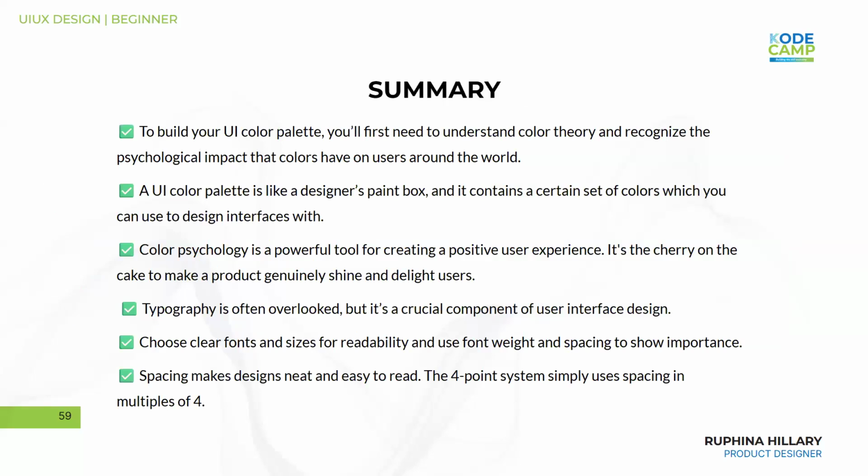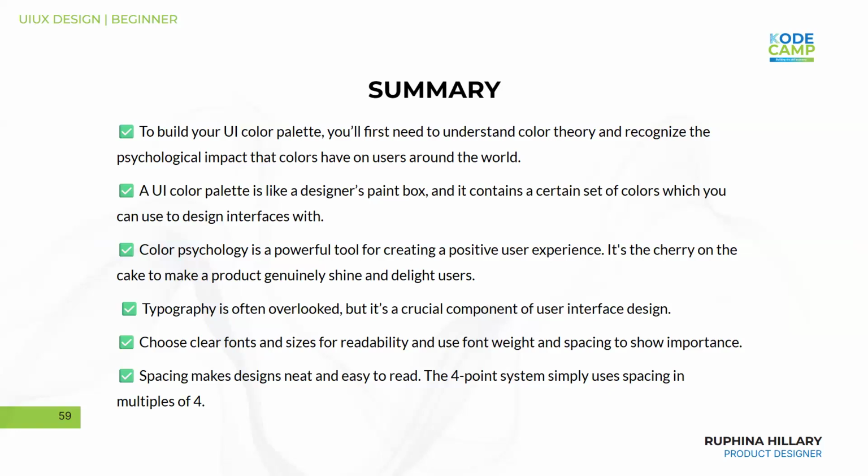So in summary, we've talked about colors, we've talked about typography, we've talked about spacing. These are the design elements that we should familiarize ourselves with when we want to start visual design. To build our color palette, we first try to understand color theory and recognize the psychological impact that colors have on users around the world.